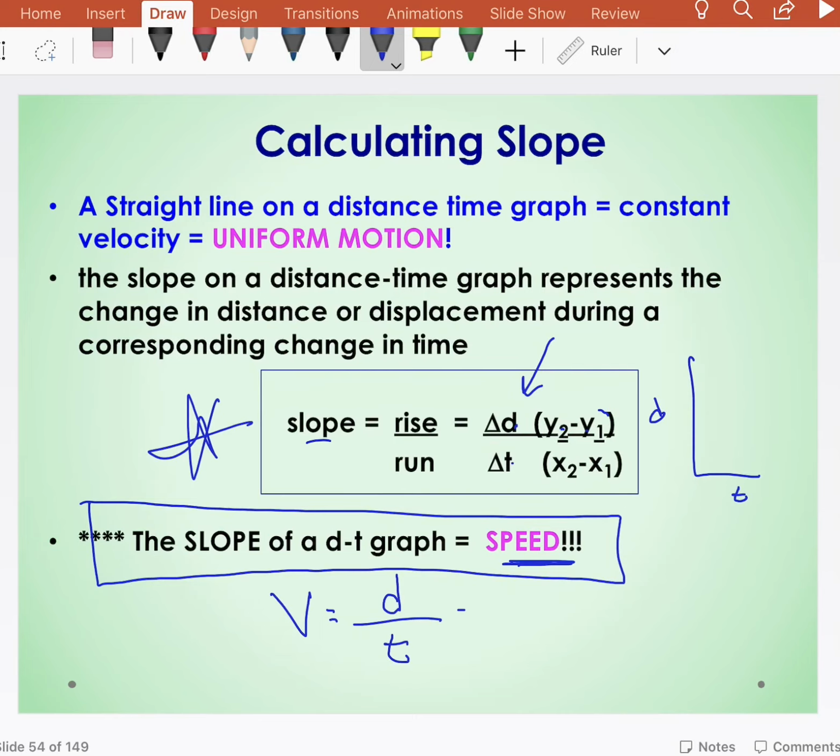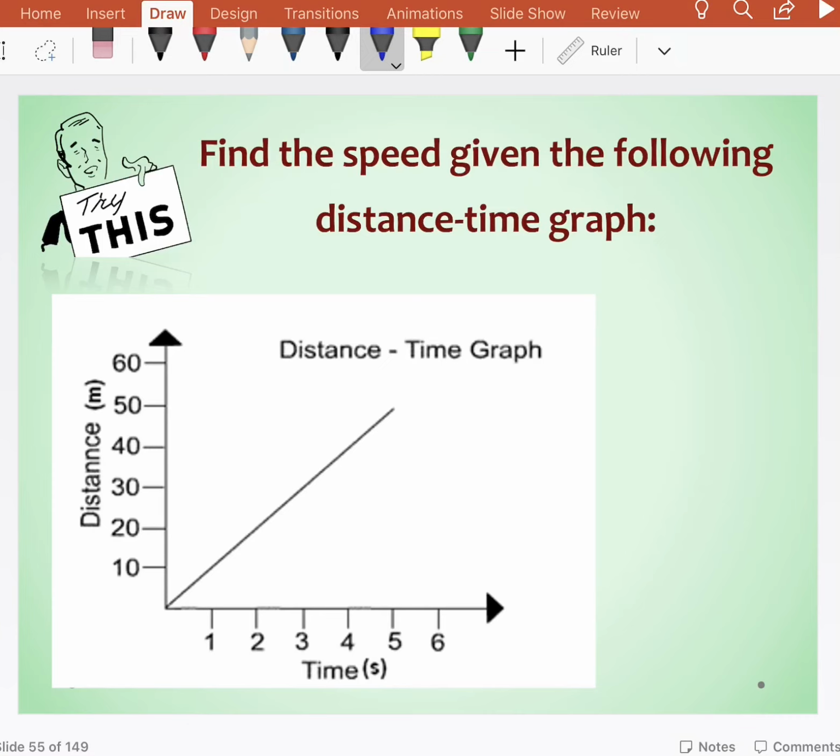Okay, so let's do an example. If this is my graph, and it is asking me to find the speed of the object. Well, I have a distance time graph. To calculate speed, I know that I can calculate slope. So slope is equal to, and instead of just writing rise over run, I'm going to write it as y2 minus y1 over x2 minus x1.